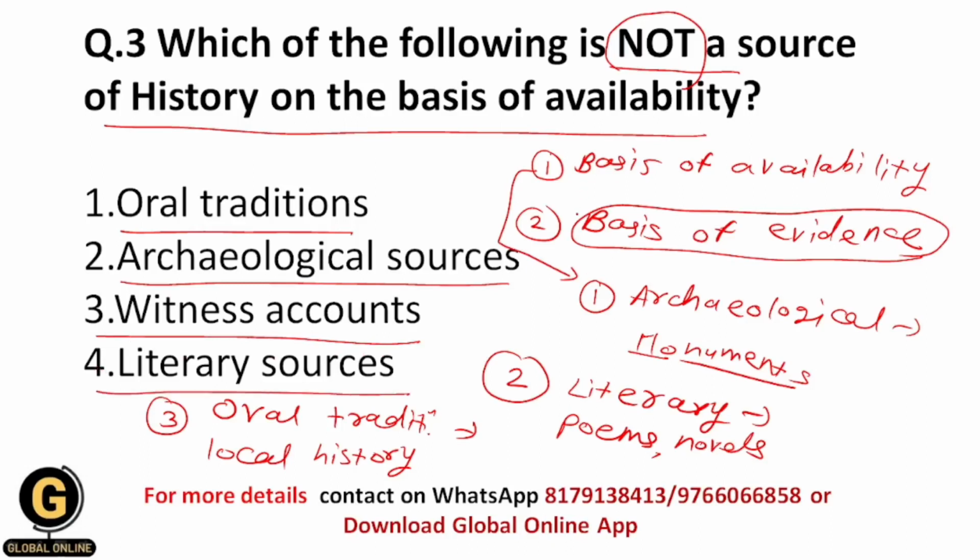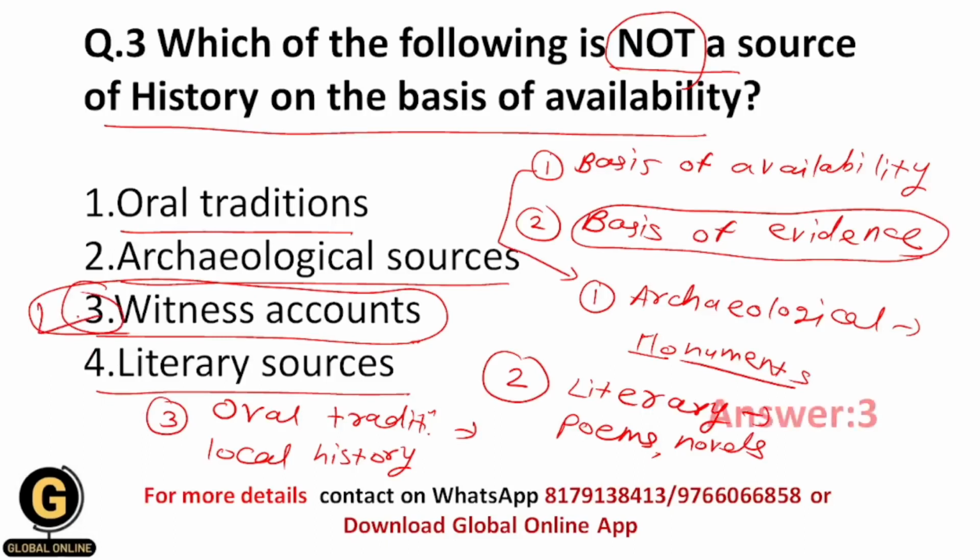From these, tell me which source is not on the basis of availability. Obviously witness accounts, because it comes under basis of evidence, whether primary or secondary source. The remaining three are on the basis of availability. So the correct answer is 3.